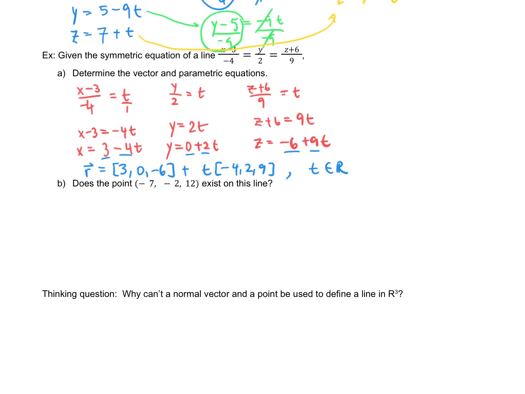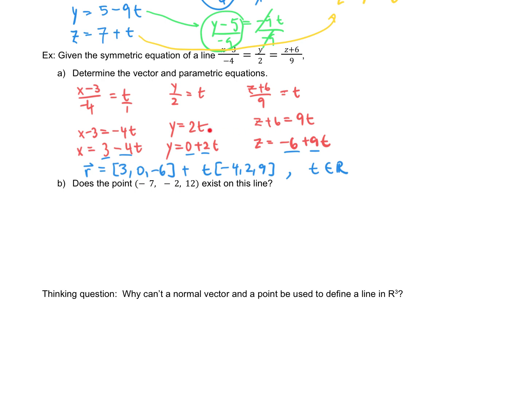And finally, does the point negative 7, negative 2, and 12 exist on this line? So we can do this the same way we've been doing, where we use our parametric equations, but with the symmetric equation, each of these fractions represents t. And my whole goal here is to see if I get the same t value.